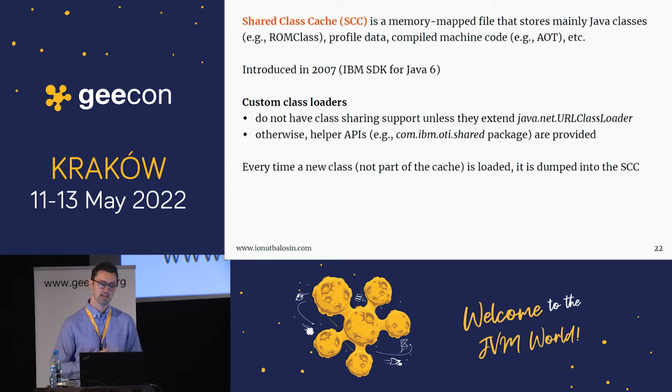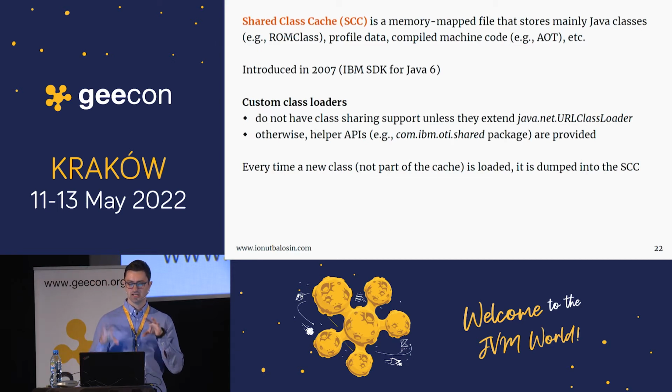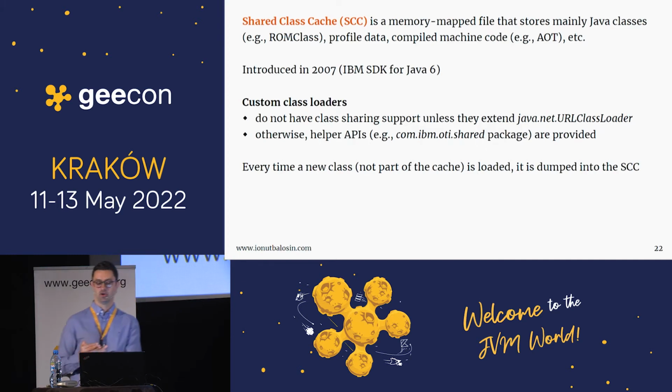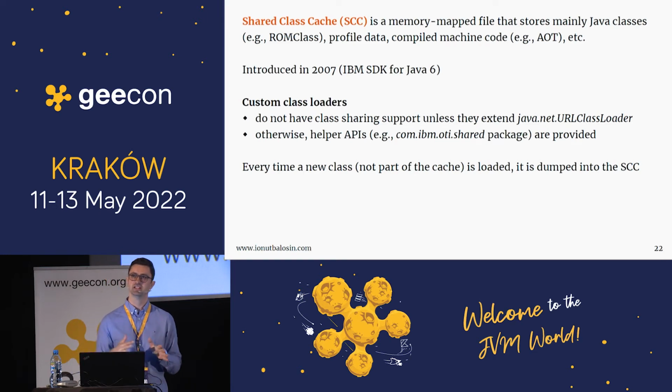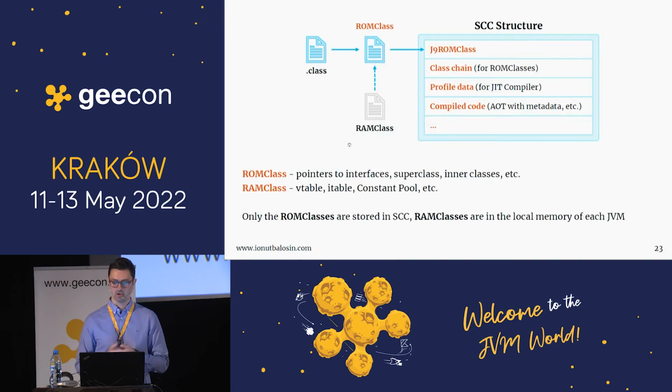Otherwise, they are not part of it. But the beauty of the SCC is that it's a bit easier to create, and a bit more flexible than HotSpot. You don't have to run the JVM twice. You just start it once, and if during execution a class is not part of the cache, it just adds it, and that's it. It's much simpler, in my opinion.